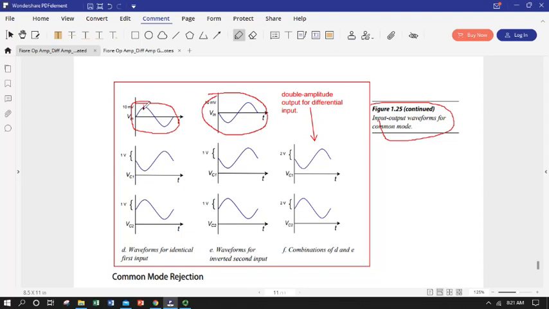This is out of phase with each other here. You can see the sine wave is completely out of phase, 180 degrees. These are individual outputs, and when we combine them, look, we get 2V. So rather than canceling, they double. They're additive, which is exactly what we want for a signal.